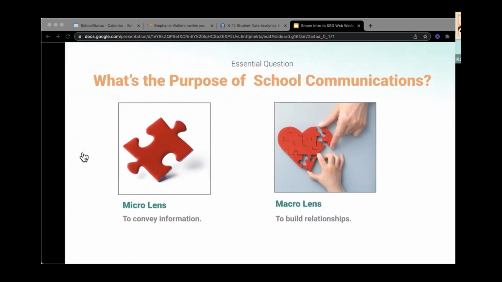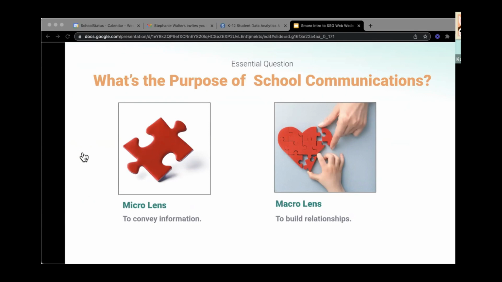So before we talk about newsletter best practices, I want to take a step back and start with the big picture. I think it's really important to understand the real goal of school communications. My belief is that school communications are about building relationships. If you think about the phrase keeping in touch, it's a very physical phrase and it's reciprocal.